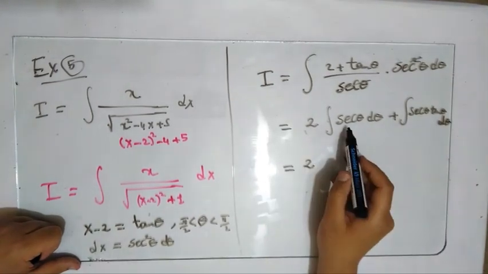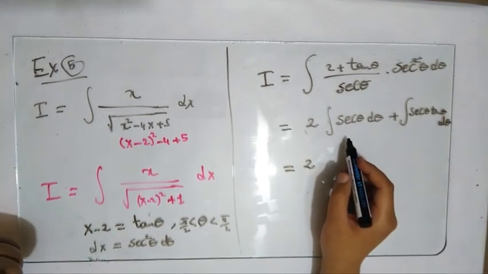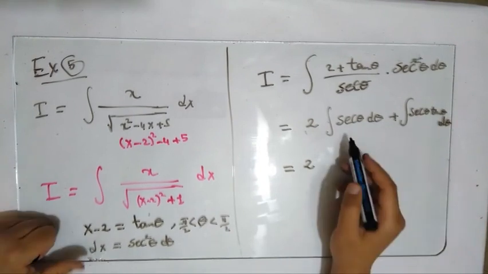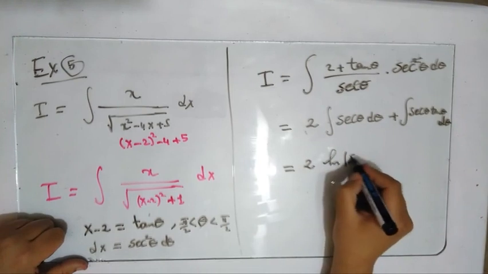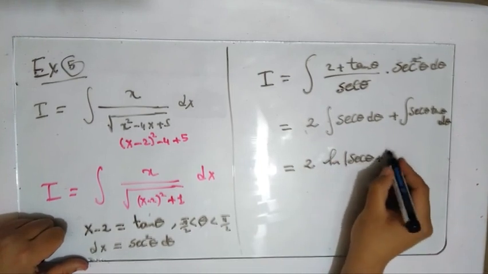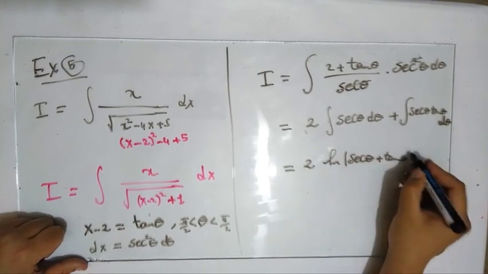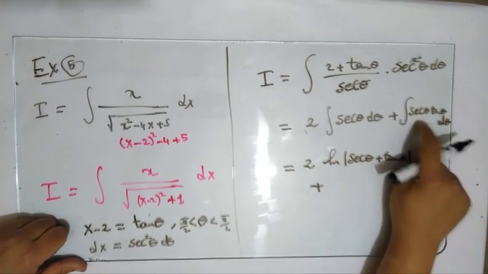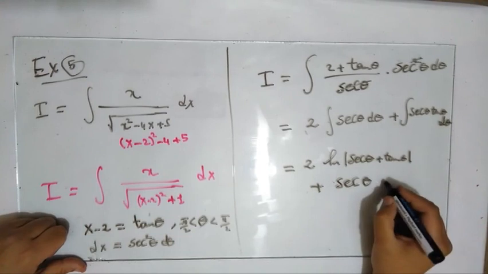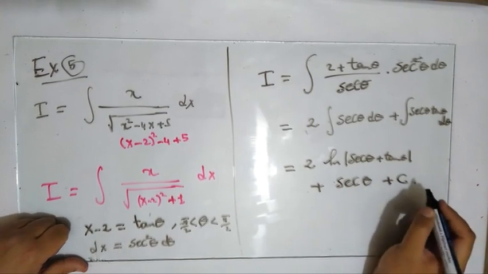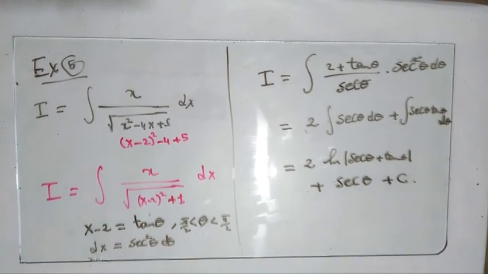We know how to integrate these from section 7.1 or even before that. We know that the integration of secant is ln of sec theta plus tan theta, plus the integration of sec tan, which is sec theta, plus a constant.